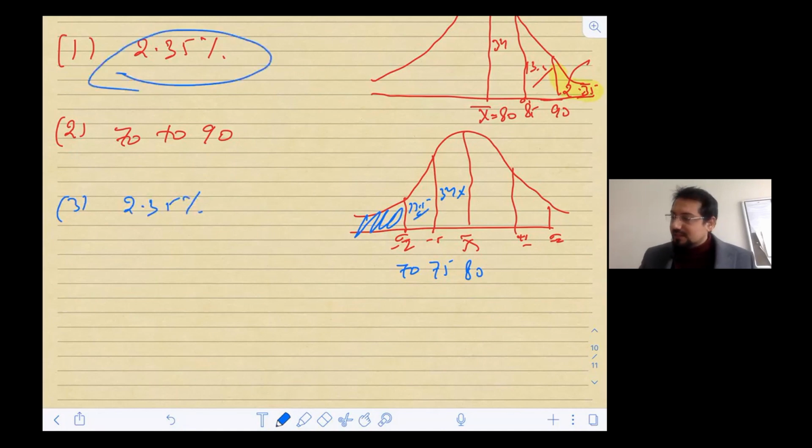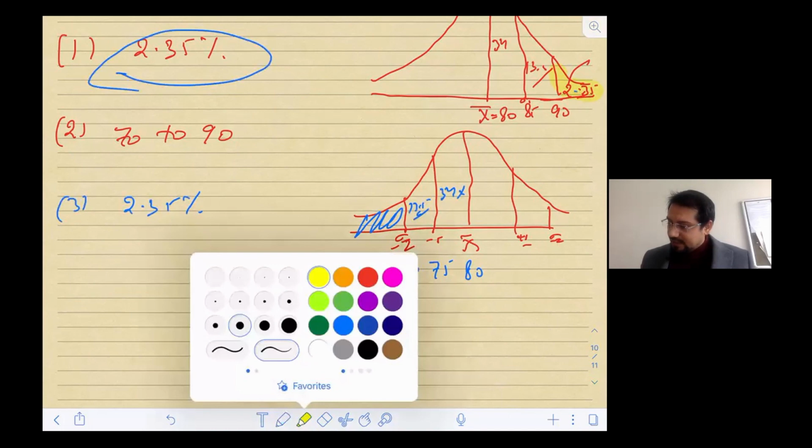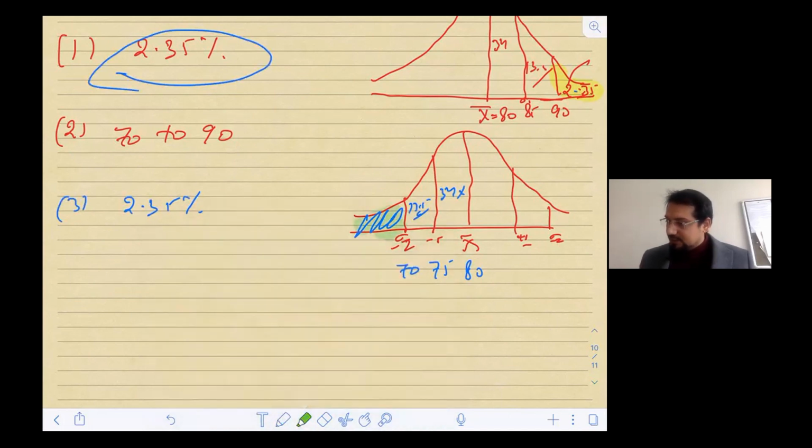But the difference is, this is about this and this is about the left. Actually, let me just color this. So there's a difference actually in both. So don't get confused, both are two different things. Okay, we will be discussing this in detail in hypothesis testing, left-tailed and right-tailed.